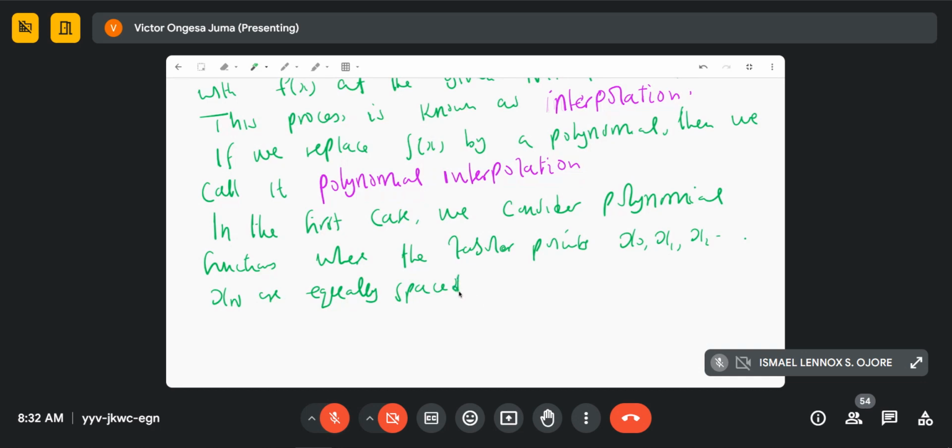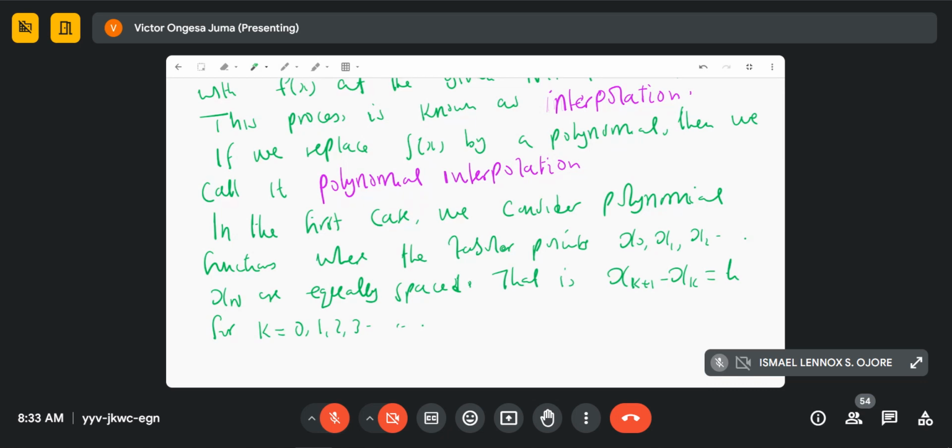If they are equally spaced, that means the difference between the successive values is the same. That is, x(k+1) minus xk is the same as h, for k equal to 0, 1, 2, 3, and so on until n.